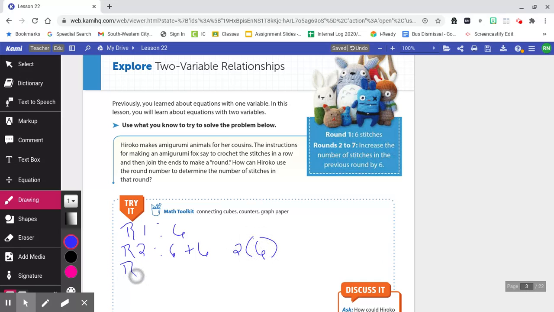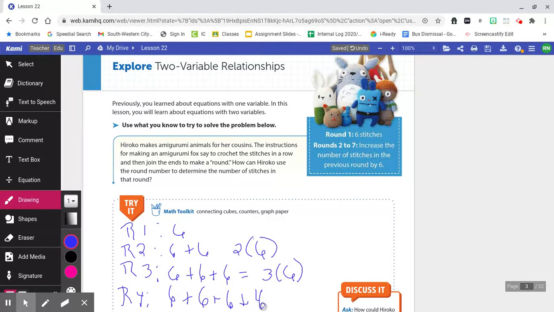Round 3, I have 6 more than the previous, so I have 6 plus 6 plus 6, which is the same as 3 times 6. Round 4, it's going to follow the same pattern. It is equal to 4 times 6.